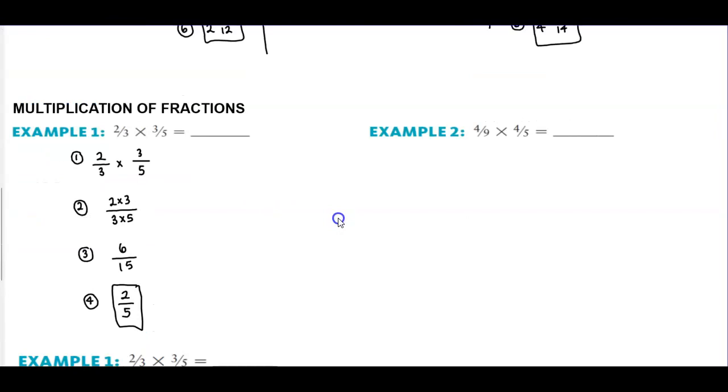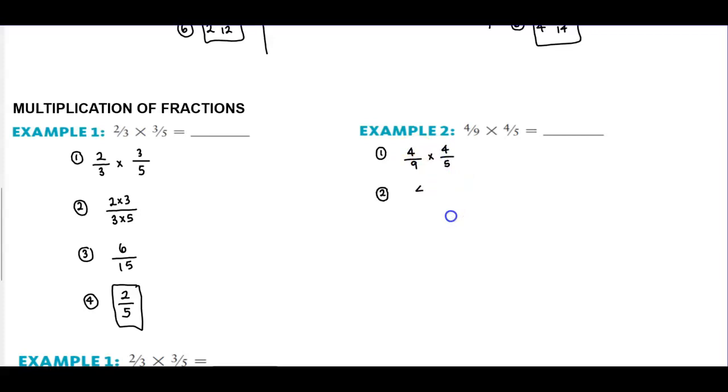So let's take a look at this example here. We have 4/9 times 4/5. So we have 4/9 times 4/5. Now, if you look at these numbers, they do not have anything in common.